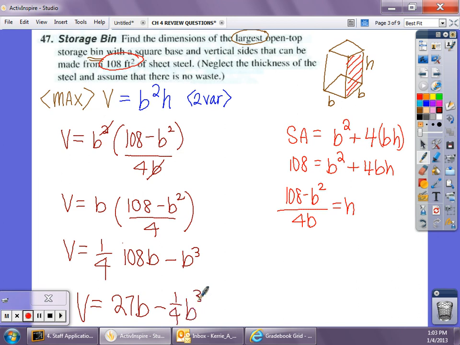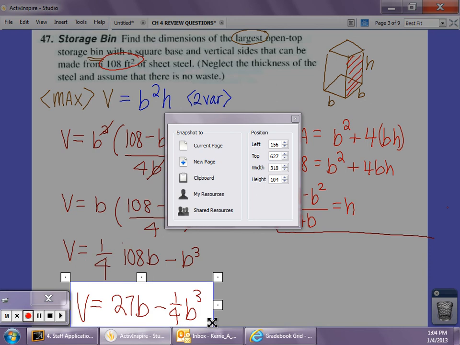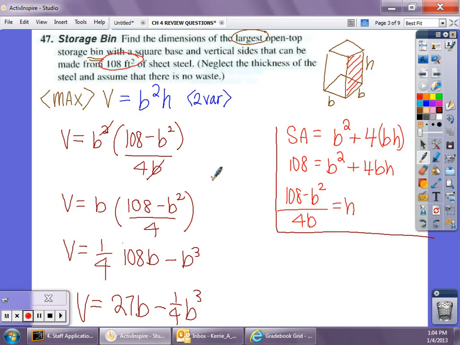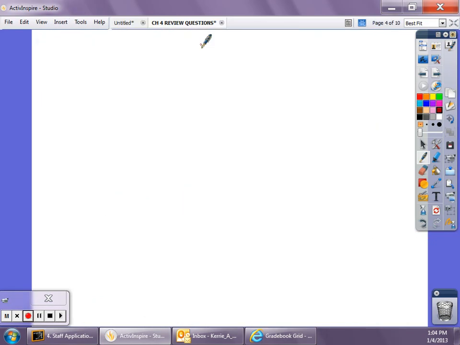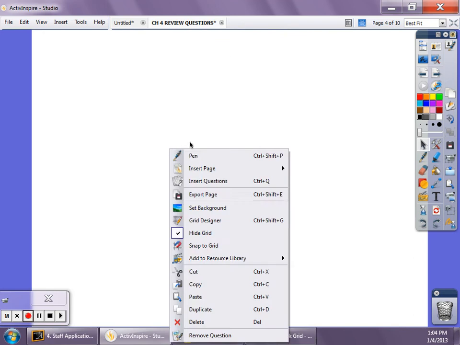And yes, there were many different ways you could simplify that. Now that that is as simplified as possible, I'm going to go to the next page and finish the problem.